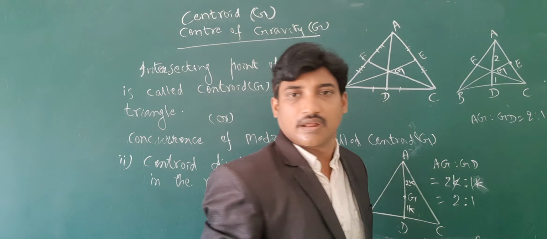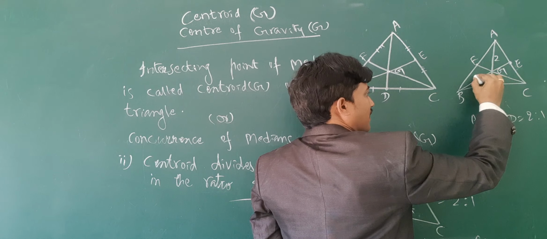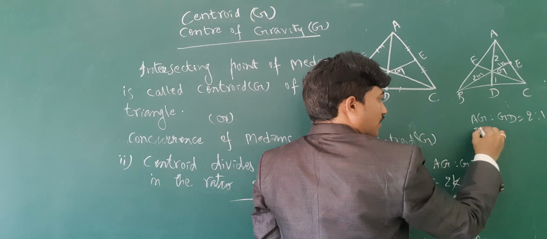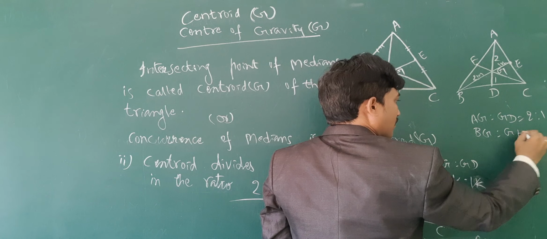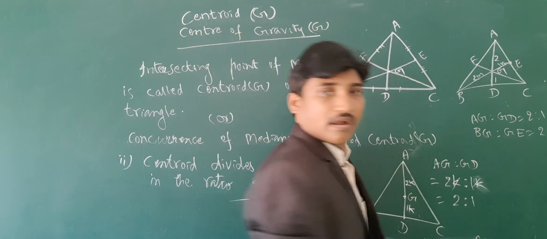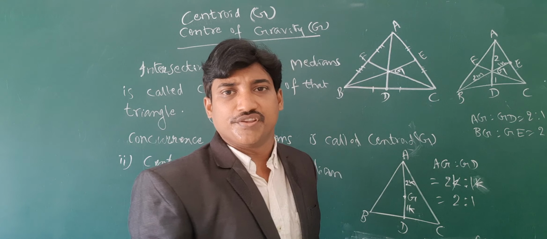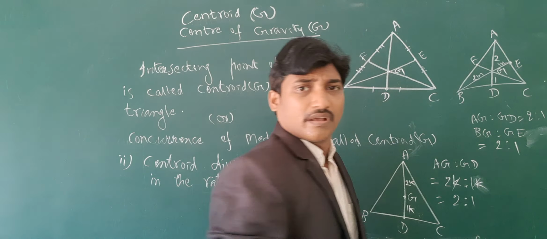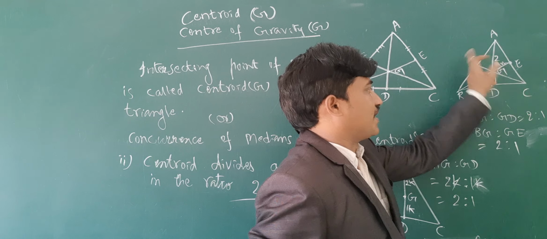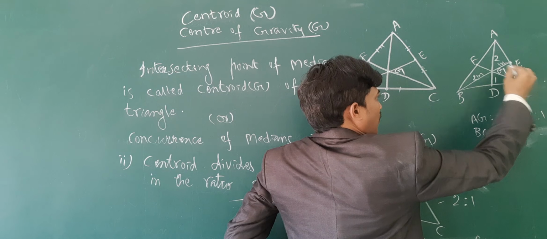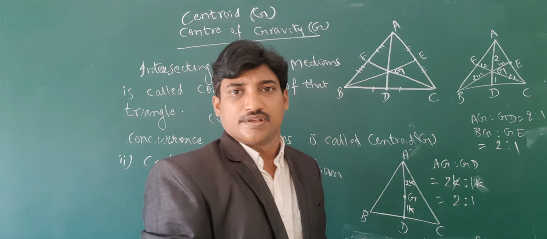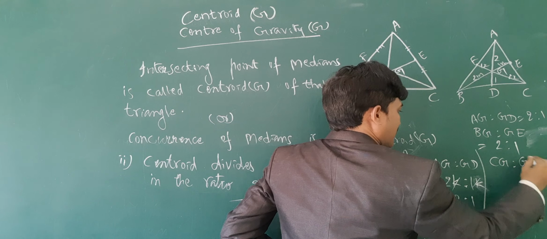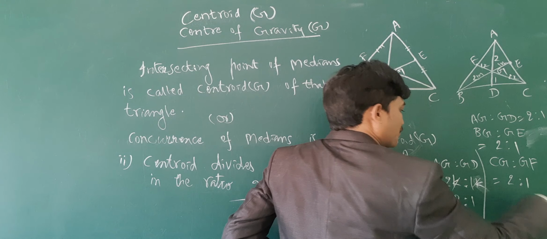Also BG is to GE is 2 is to 1, and CG is to GF is also 2 is to 1.